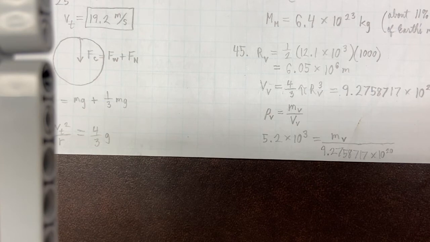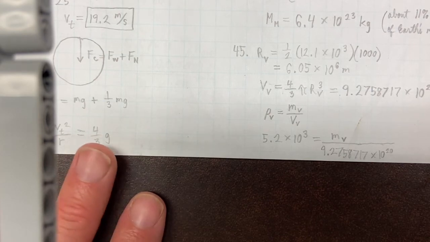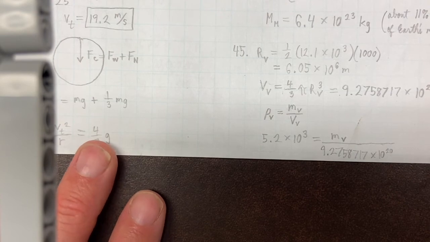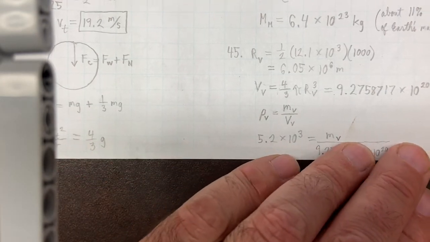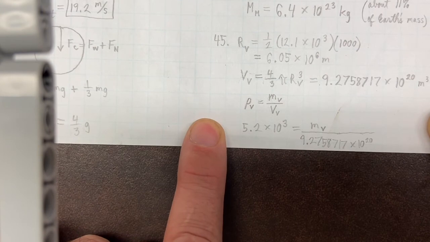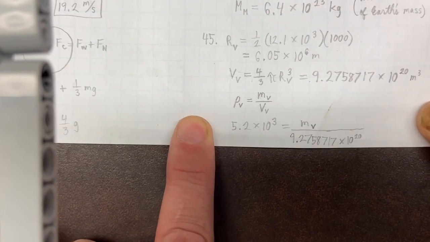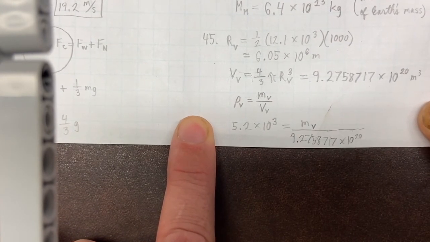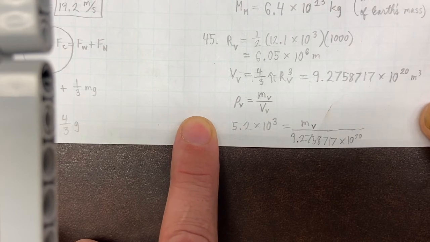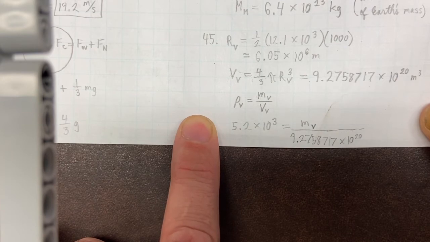Now the volume of Venus would be the volume of a sphere, 4/3 pi r_V cubed, which equals 9.275817 times 10 to the 20th cubic meters. Now the density of Venus equals the mass over volume. And so we are solving for the mass.